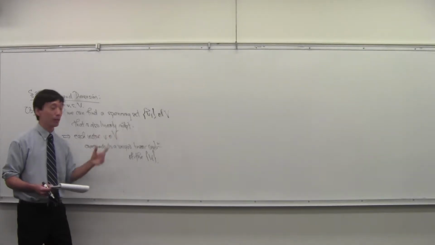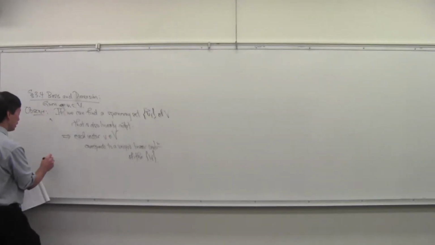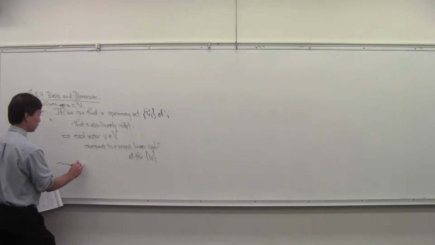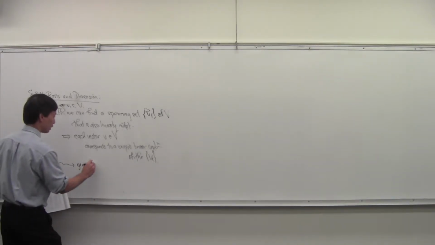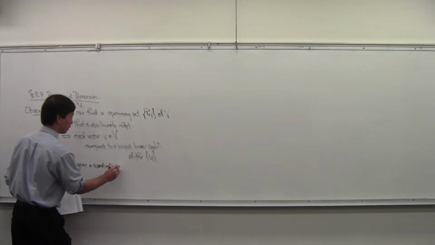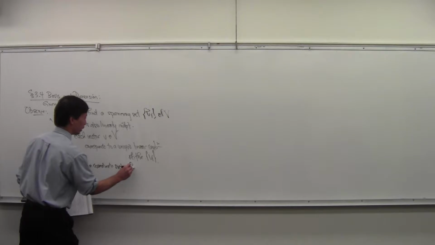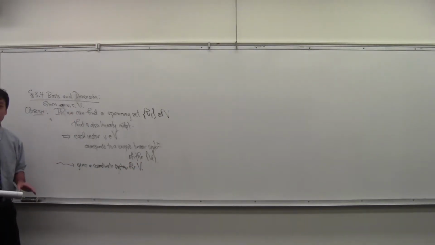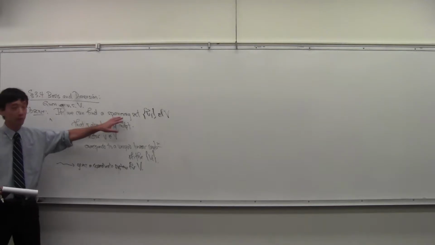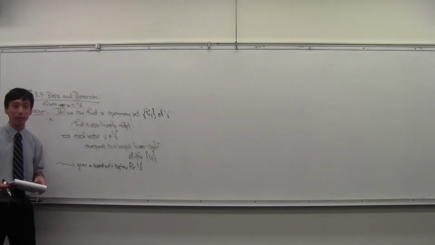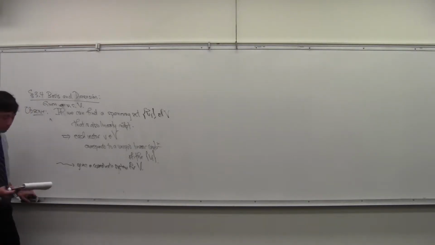So the above basically gives you a coordinate system for your abstract vector space V. Your vector space didn't start out with a coordinate system, but if you can find a spanning set that's also linearly independent, then you can put a coordinate system on it. And that's a good thing.